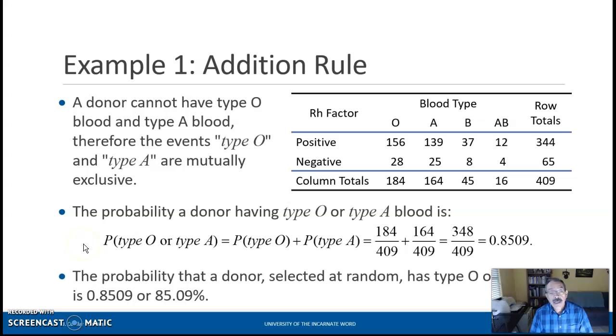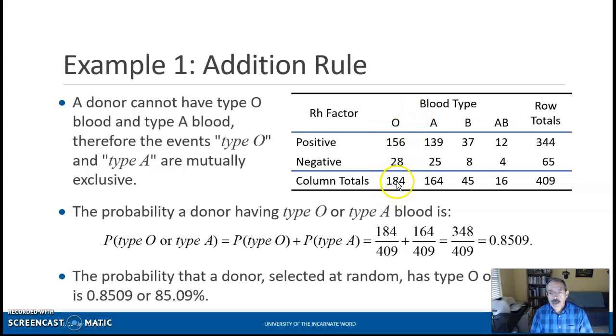To calculate the probability of the type O or the type A, we calculate the probability for the type O event and then the probability for the type A event. For the probability of the type O, we're going to use a relative frequency approach.